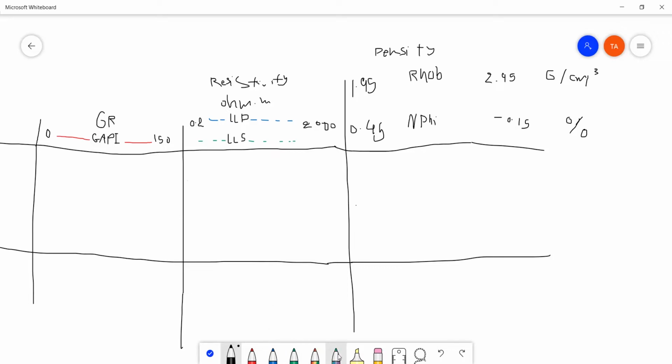So let's select the color. The RHOB is in black. All right.